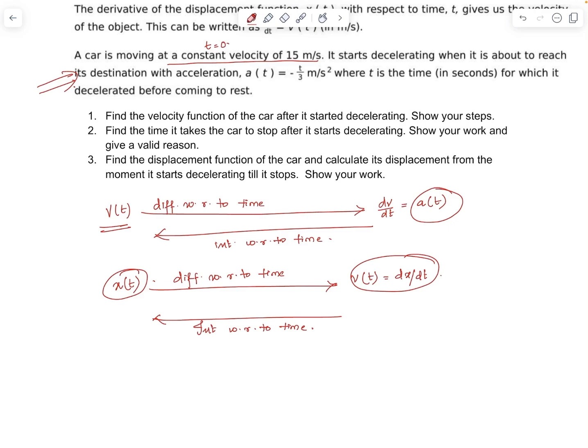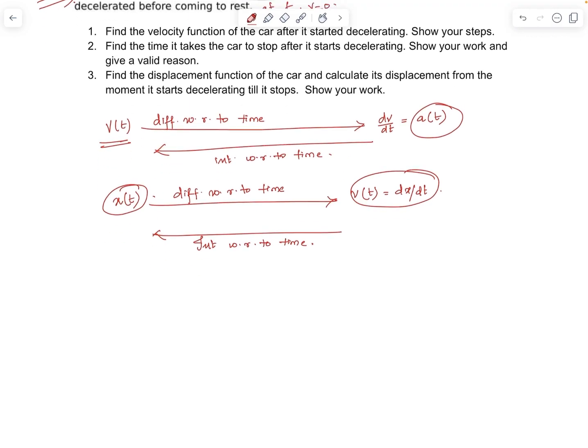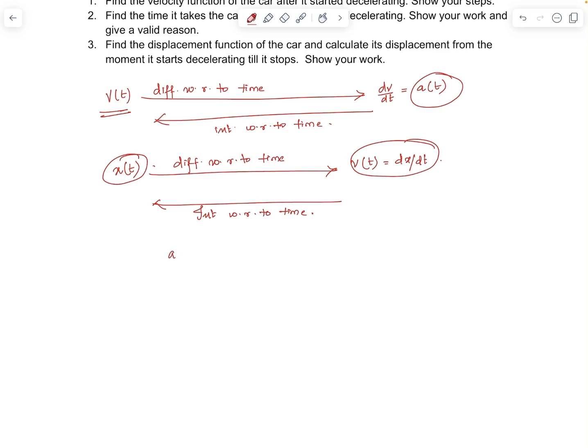It starts decelerating when it is about to reach its destination with acceleration a of t equal to minus t by 3 meter per second square. At time t, velocity becomes 0. We have been given the acceleration function. Let's take that acceleration function, a of t is equal to minus t by 3 meter per second square.